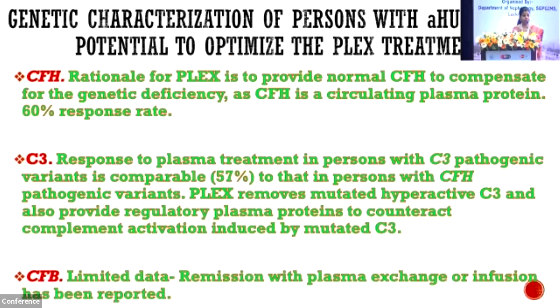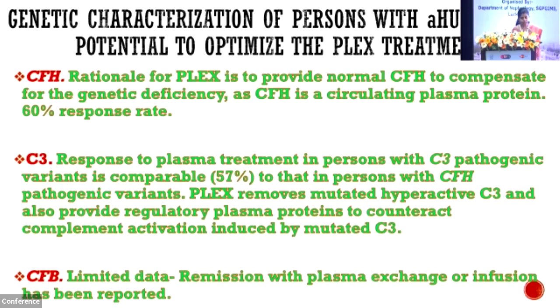Now, this genetic abnormality helps you to optimize plex treatment. There are certain indicators that will help you to prognosticate your patients as well as to understand whether it is going to overall improve your patient's care. So if it is CFH, there is definitely a role for plex because it replaces the CFH protein.